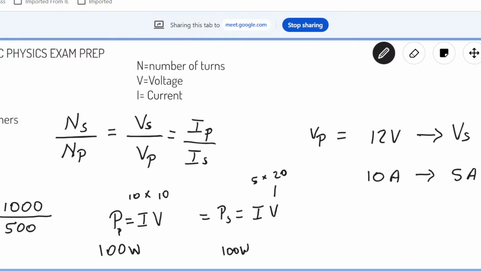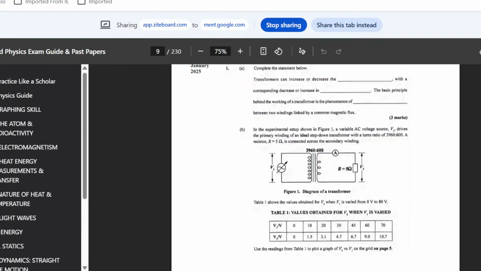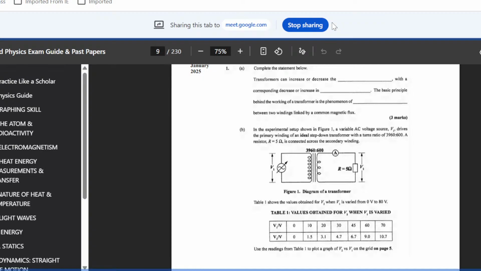All right, so let me go back to the image question. It says transformers can increase or decrease the voltage with a corresponding decrease or increase in what should go on the second line.